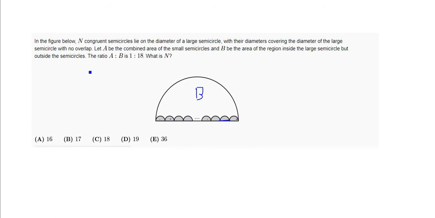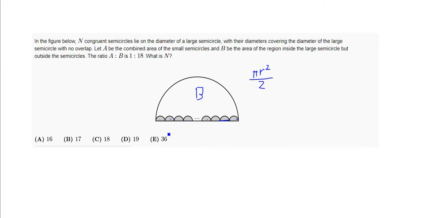First of all, let's see what they're asking us. Let's call the radius of each small semicircle r, for radius. The area of one small semicircle is pi r squared divided by 2, because this is a semicircle.